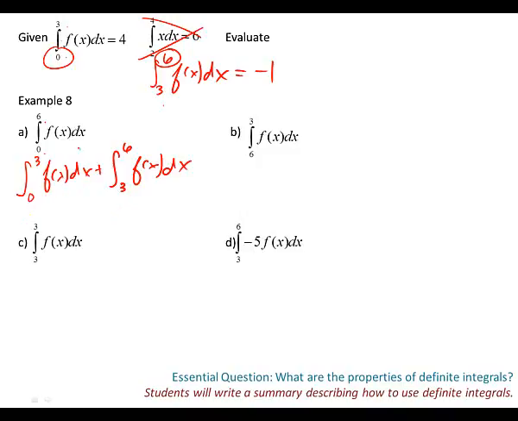So what number gets substituted in for the 0 to 3? 4, okay. And then what number gets substituted in for the 3 to 6 part? -1, and 4 plus -1 is? 3, good.